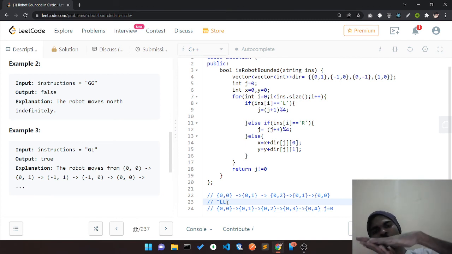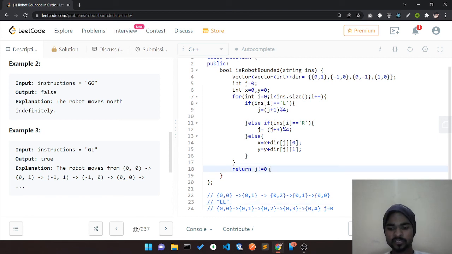It just rotates its head only, so it is always a cycle because it is not going anywhere. So that case is also easy, so I'll just add this case also. If my x is equal to 0 and my y is equal to 0, it must be my answer. So let's run this code and see if it works or not.